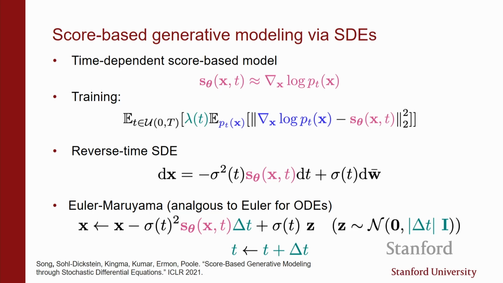So you see how this is basically the same as Langevin dynamics. It's always some kind of follow the gradient and add a little bit of noise at every step. And so you can interpret that as being just a discretization of this stochastic differential equation that tells you exactly what you should do if you want to go from noise to data.